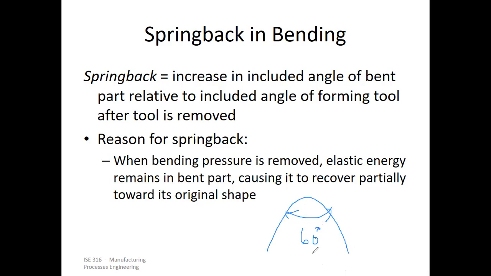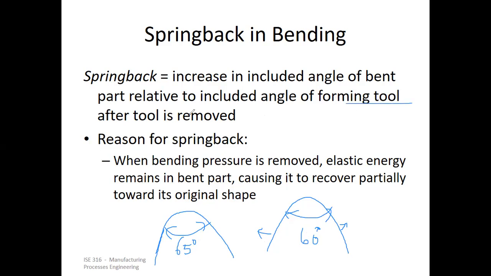Once the sheet metal forming was done, it would remain as 60, and that is our specification. But because of the springback property, it will try to move away. It will actually lead to somewhat more angle, both sides, here and here. So maybe let's say this increases to 65 degrees. I'm trying to exaggerate, but it is not an impossibility that you have an increase of as much as 5 degrees once the load is removed.